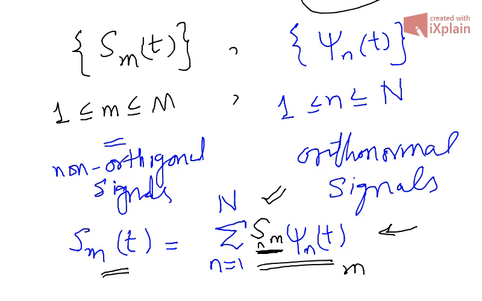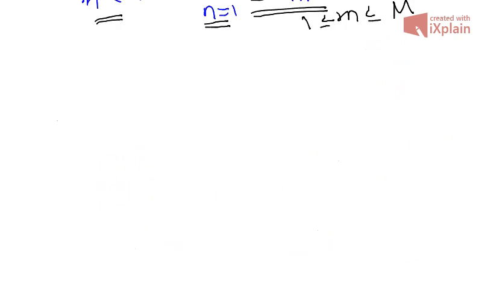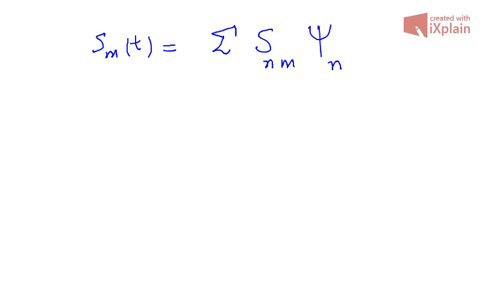Here this m is from 1 to capital M, and n varies from 1 to capital N. So we can represent each Sm of t as a summation of psi n of t, for n from 1 to capital N.